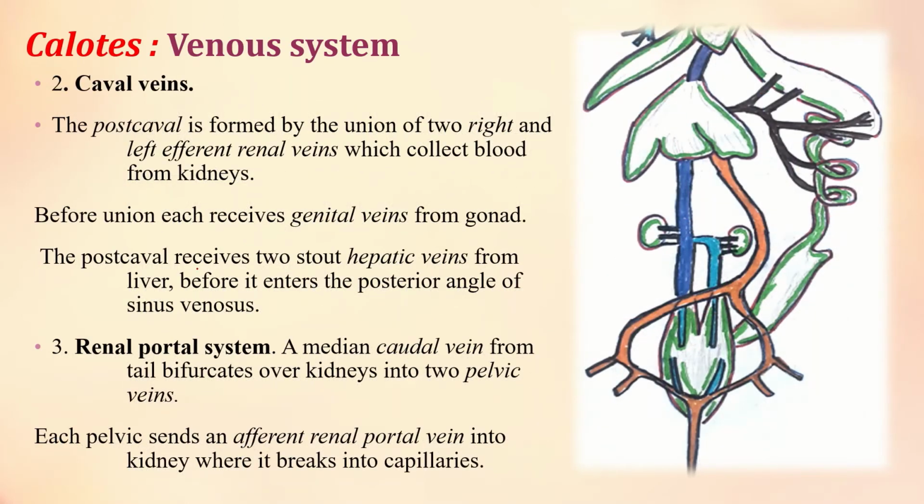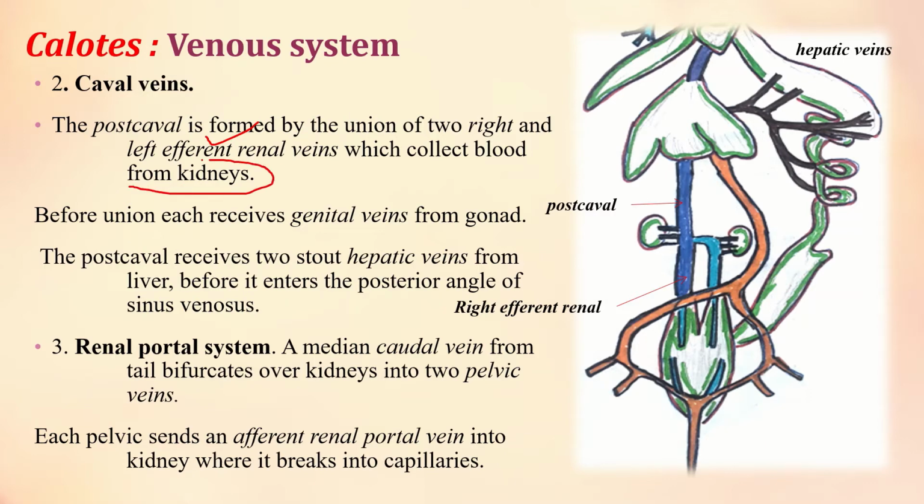Again, when we see the postcaval vein, this postcaval vein is formed by the union of right and left renal veins. The postcaval vein is formed by the union of right and left efferent renal veins. So the efferent renal veins means the renal veins which collect blood from the kidneys.